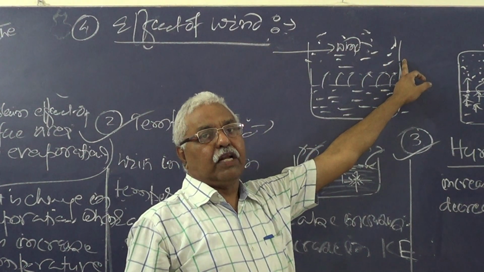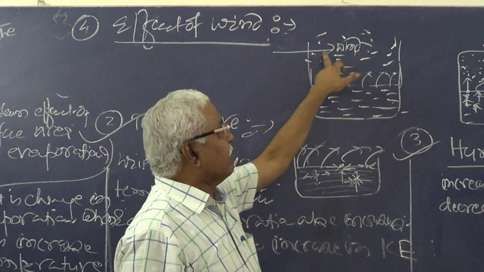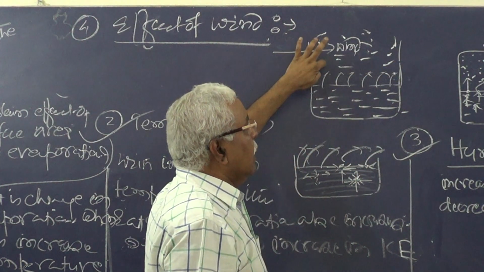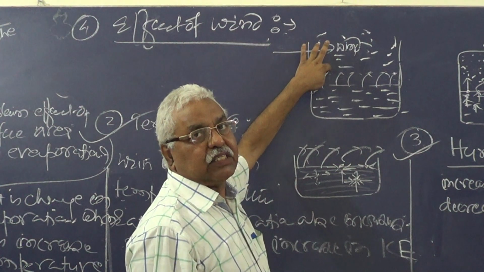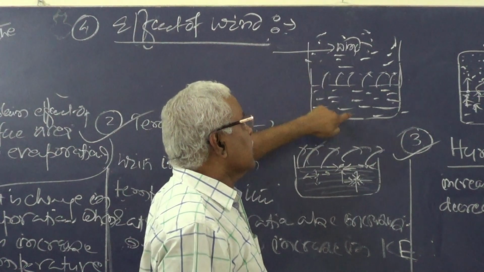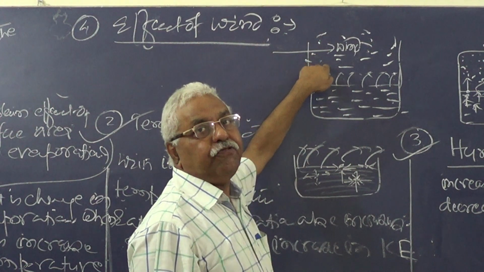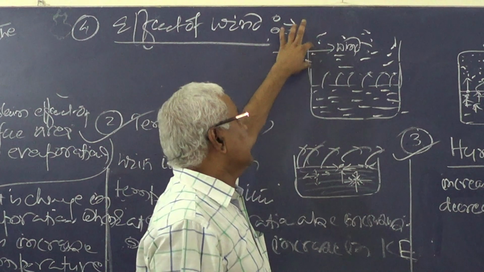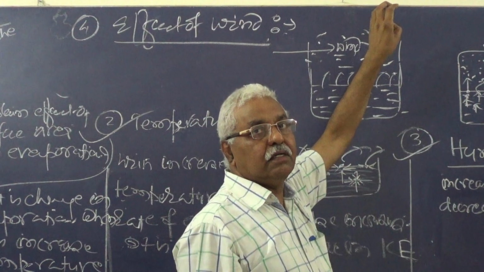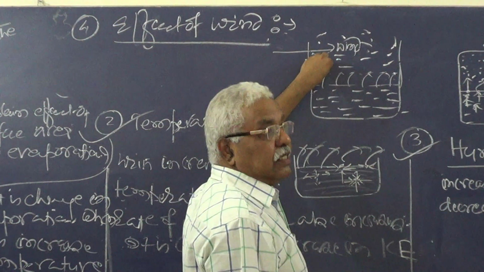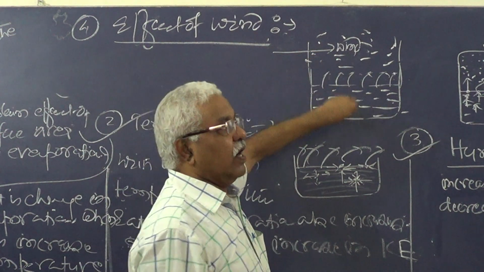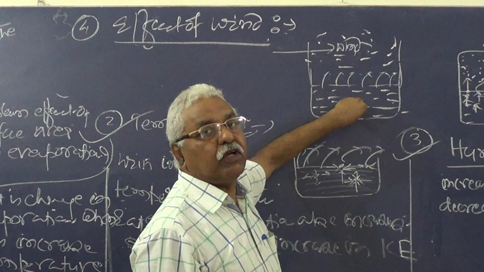So the space has less humidity, and the decrease in humidity causes an increase in the rate of evaporation. The water molecules are carried by the wind, and that space remains vacant, which is further occupied by the water molecules that escape from the liquid.